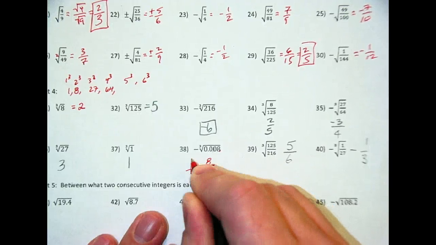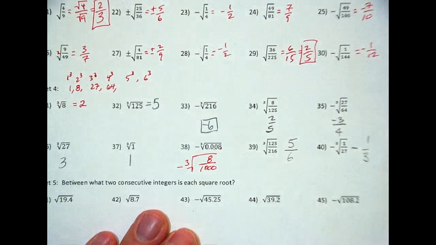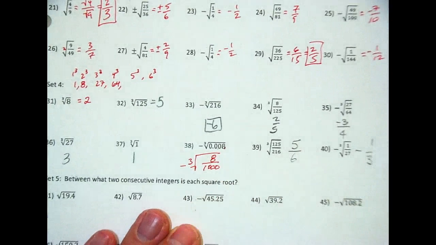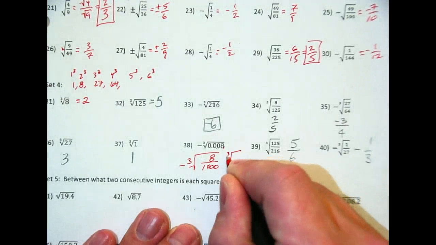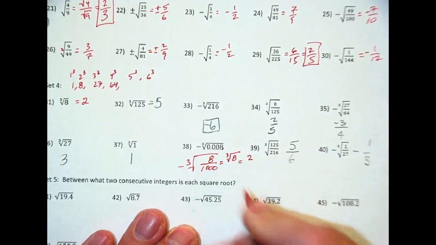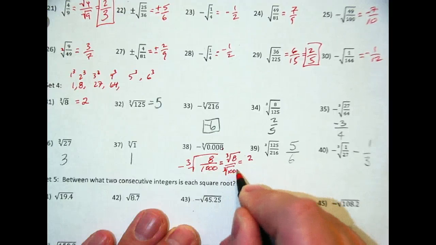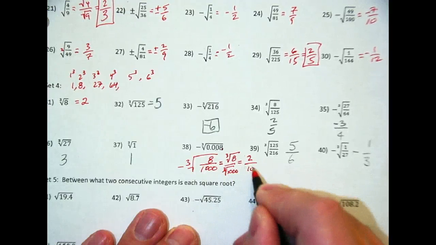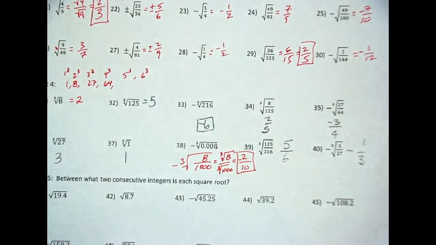We are saying, what's the negative cubed root of 8 1,000ths? That makes it a little easier when you see it like that, right? Because the cubed root of 8 is 2, and the cubed root of 1,000 is 10. And so that's negative 2/10. Any questions?